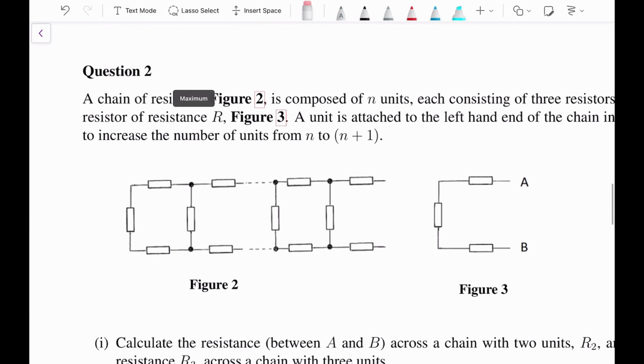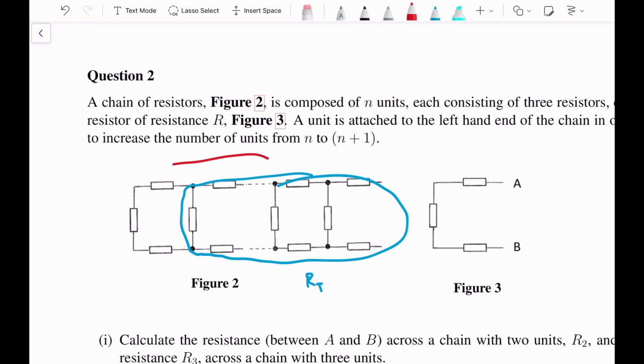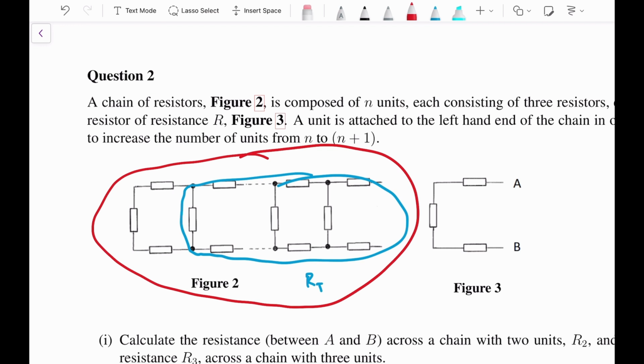Let's look at this diagram first. So my idea is that it says RT. Over here, it's given us that this part is RT, right? And then it adds another unit over here, and RT doesn't change. So if we were to say RT is equal to the resistance of this entire thing, which is also RT, then we will be able to establish an equation.